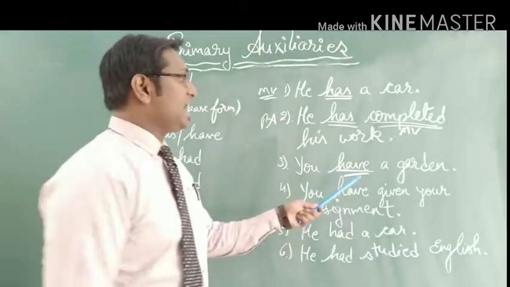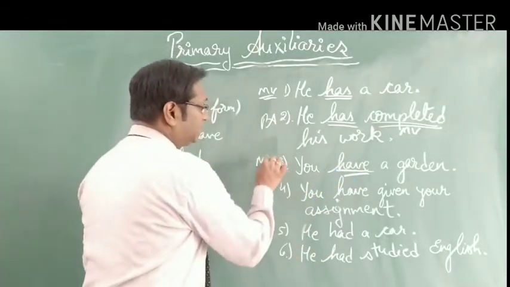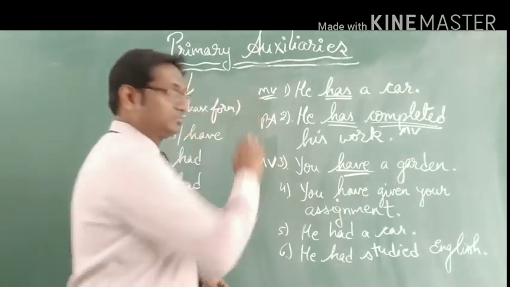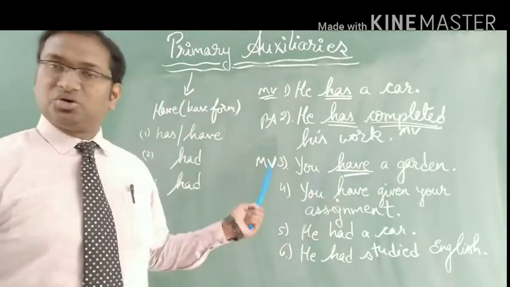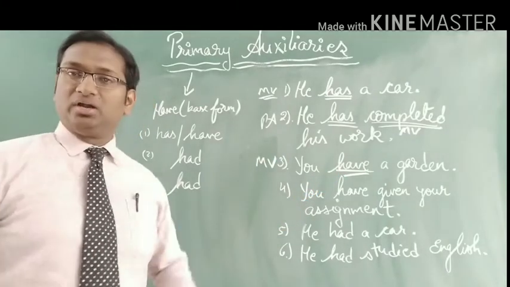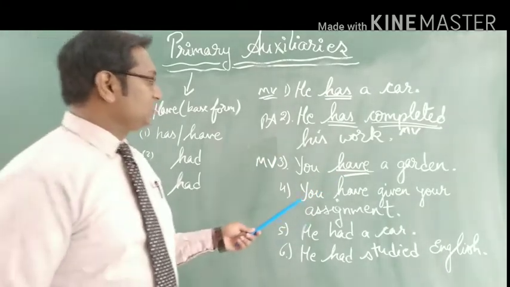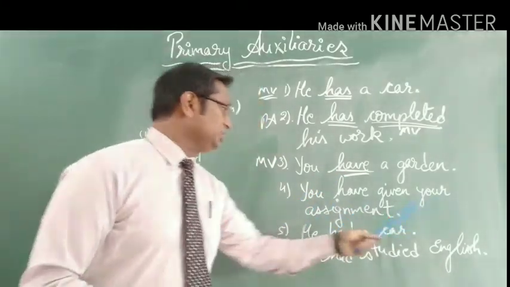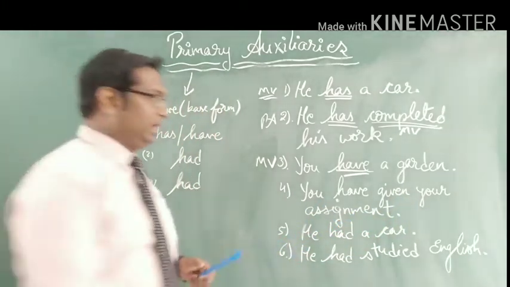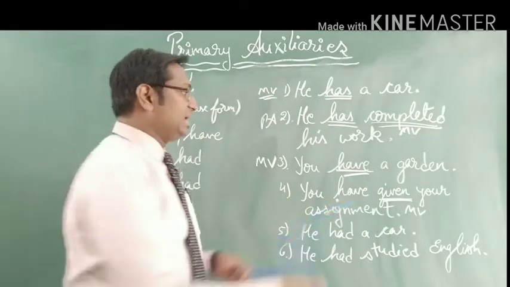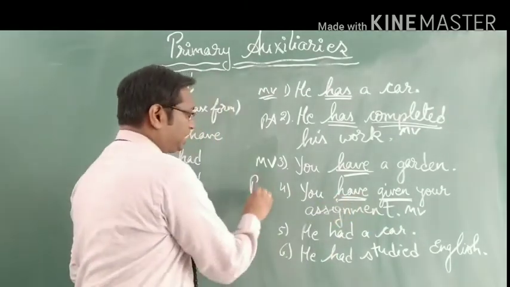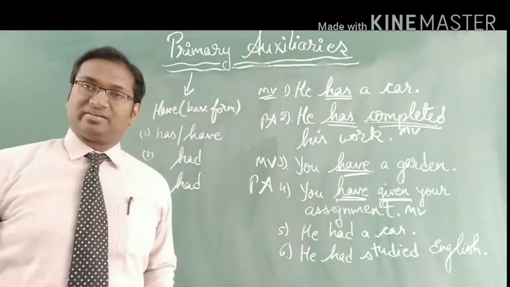Now over here, have plays the role of main verb, because we don't have any other verb. So have is your main verb. Fourth, you have given your assignment. Now over here, given is your main verb and have is your primary auxiliary.